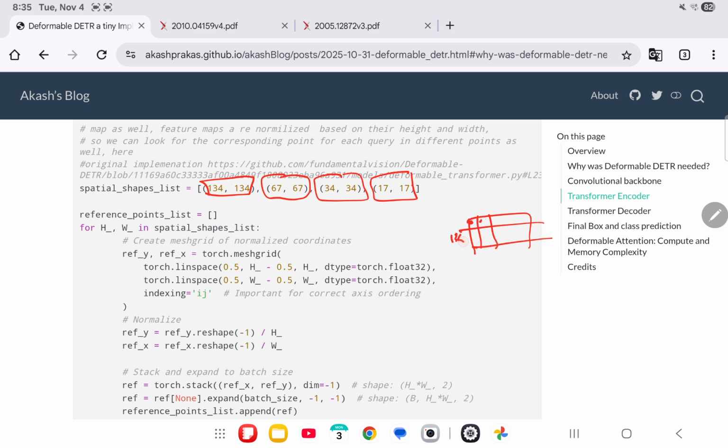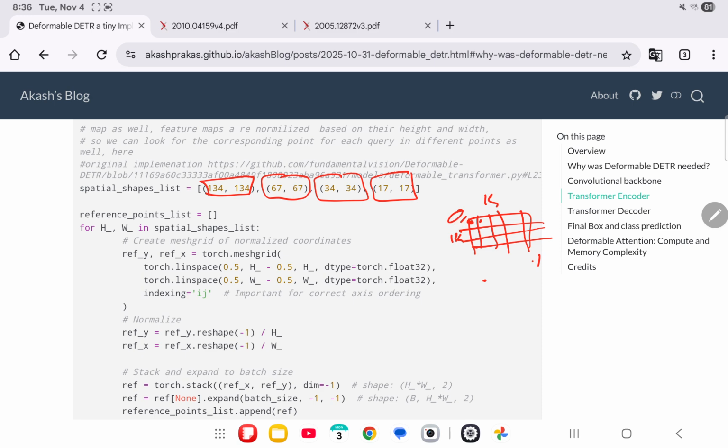So if you have a 134 by 134, what we need is the center point of each reference map, and we want it in a 0 to 1 normalized coordinate system, so that we can look into the corresponding point in the next feature map. That is only possible if you normalize it into 0 to 1.